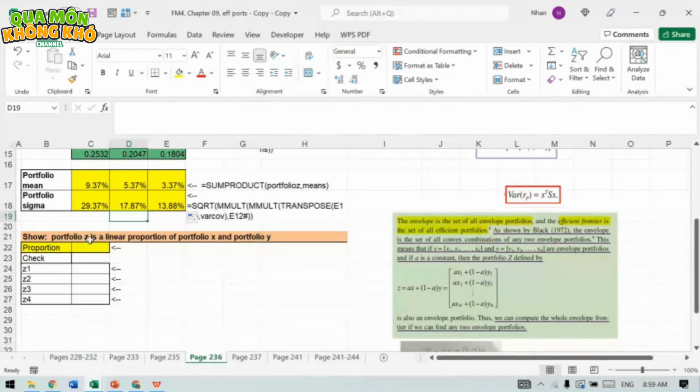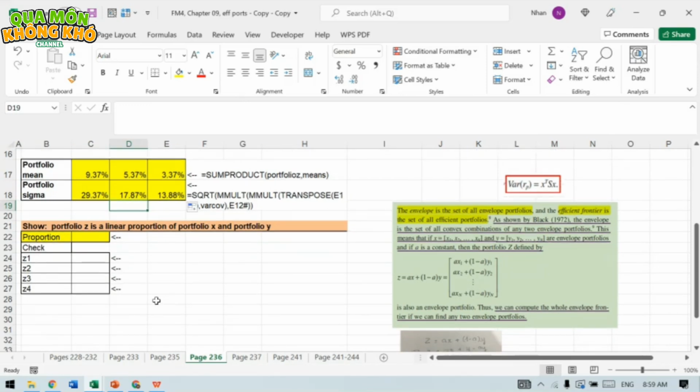Because portfolio S is a linear combination of portfolio X and portfolio Y, firstly I will find the A here, and then I will manually find the proportion of each asset in portfolio S, and then compare it with the first one I have just calculated.